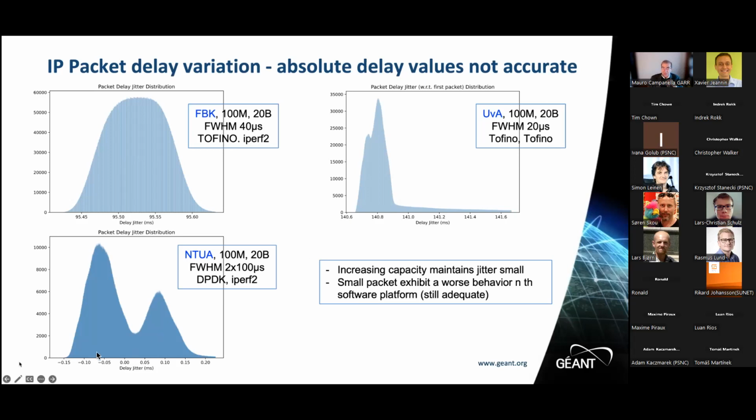And the dual-pronged nature of the generation in DPDK comes much more clear at 100 meg, 20 bytes. And this is probably an effect due to the combination of iPerf and DPDK itself, and the management of a large amount of small packets per second by the software platform.